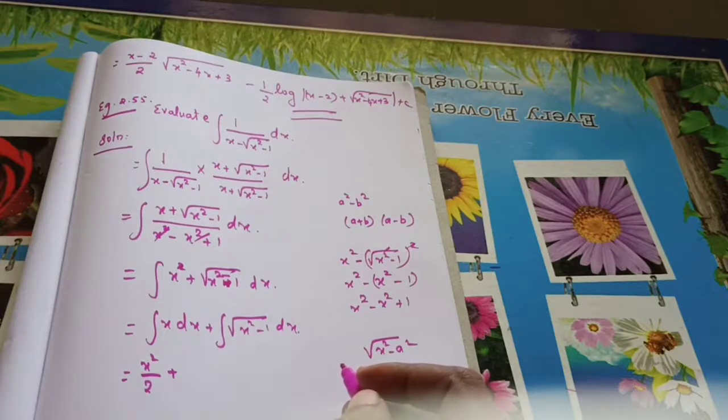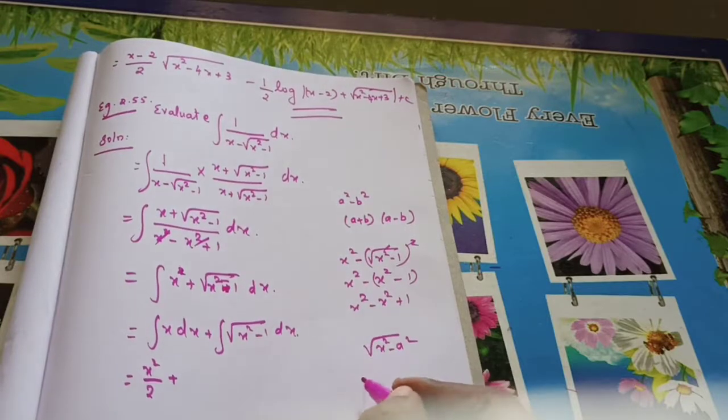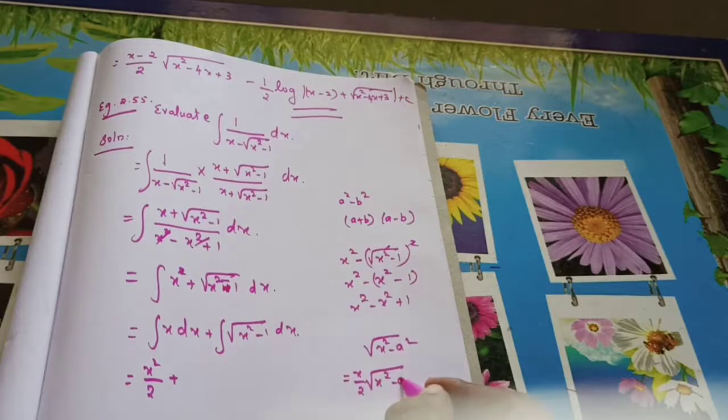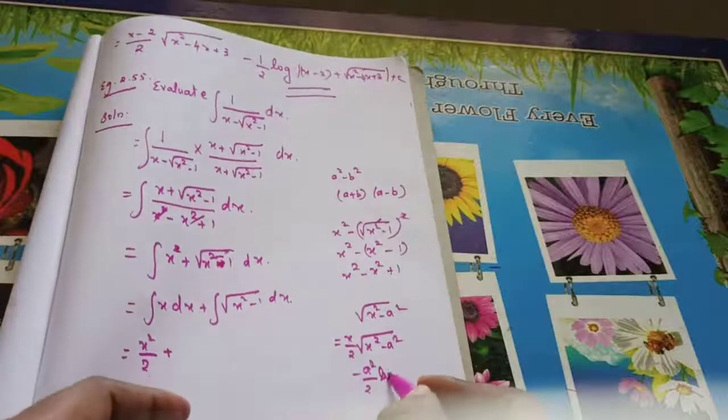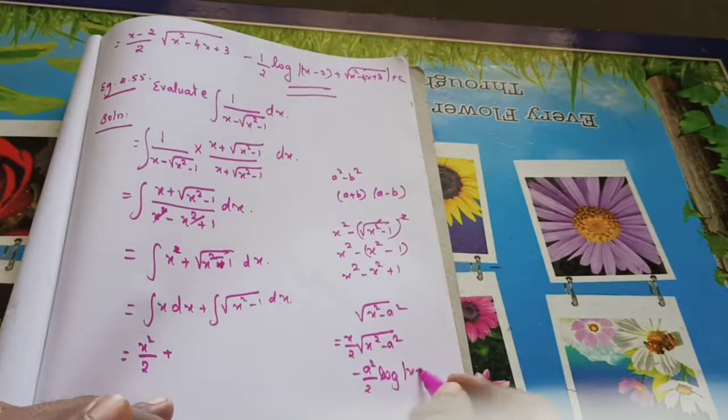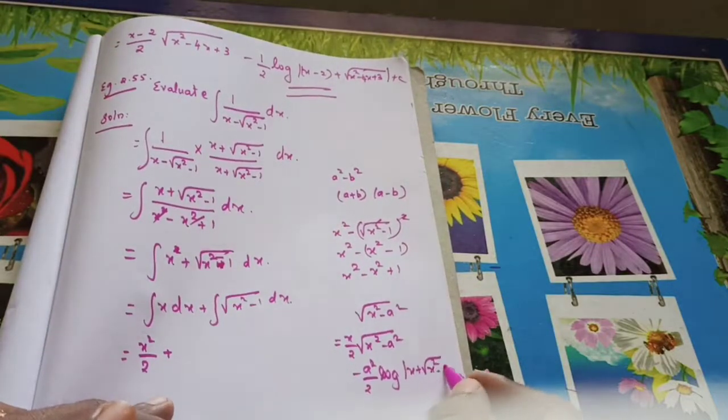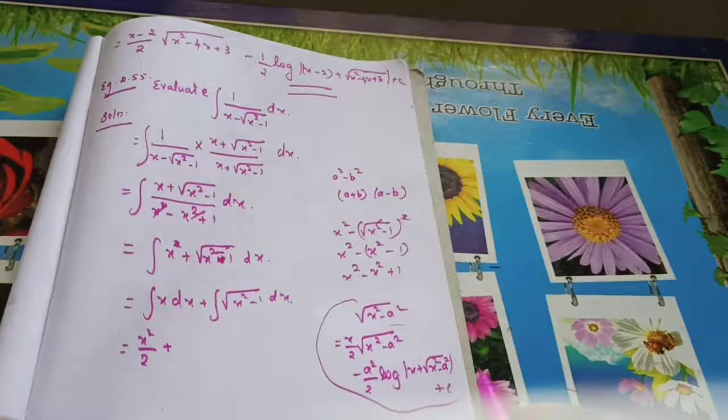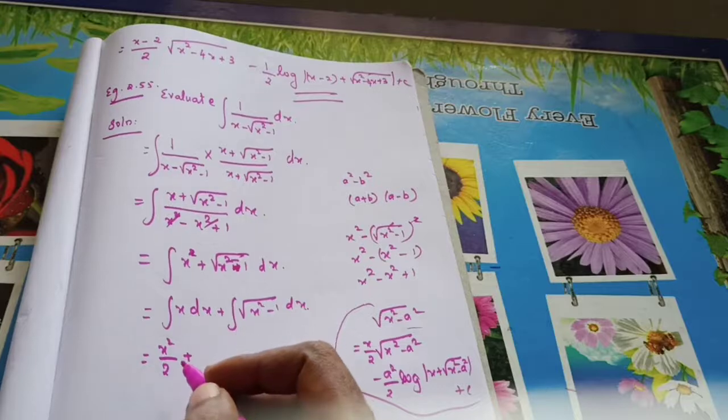We have learned it already, is it right? That is, the integral of square root of x square minus a square is equal to x by 2 square root of x square minus a square, minus a square by 2 log of modulus of x plus square root of x square minus a square, plus c. You will apply this formula here and you will get the answer.